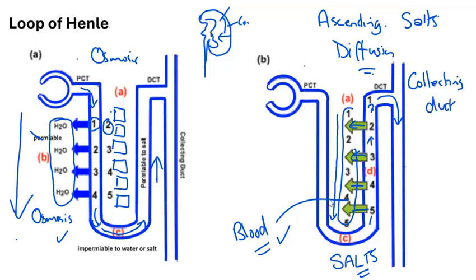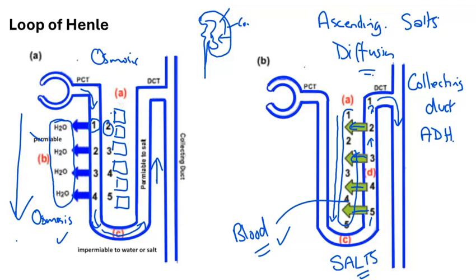This collecting duct is the subject of our next video, where we find that the collecting duct is under the influence of hormones such as ADH, and is actually the section of the kidney nephron associated with the fine control of the osmolarity of our blood.